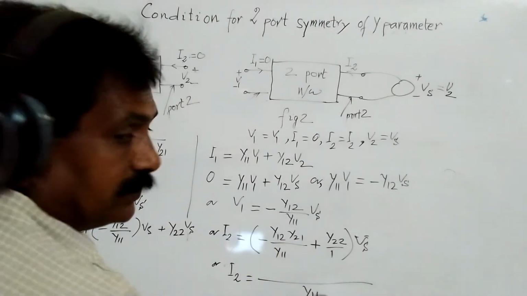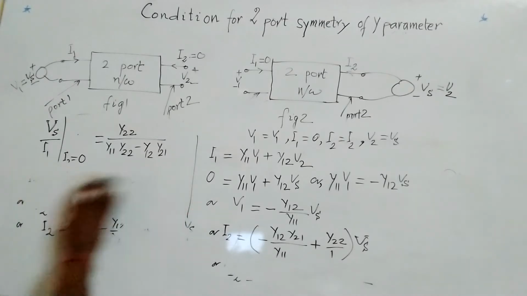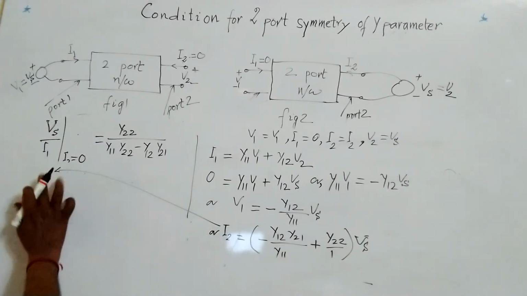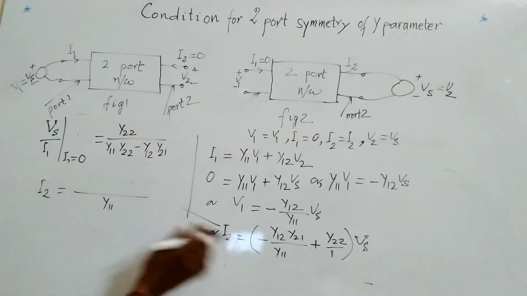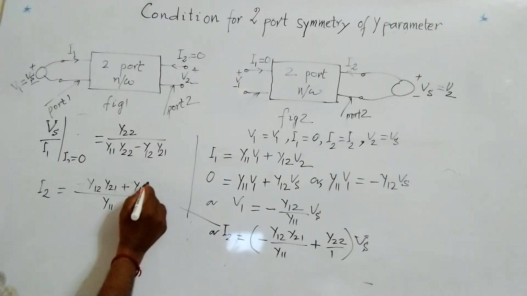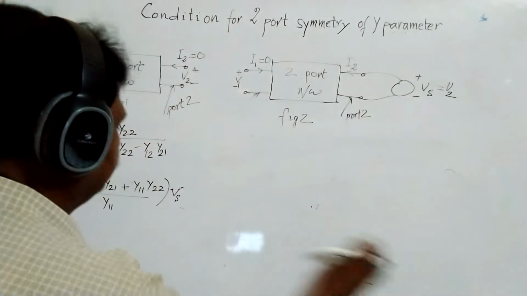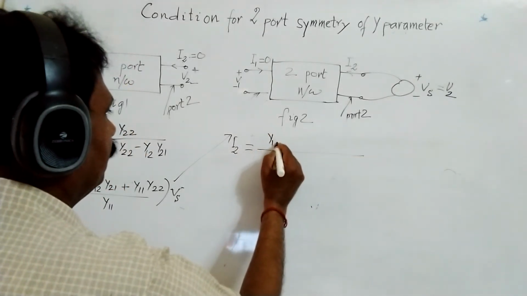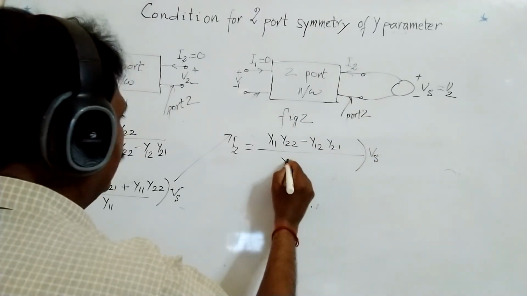Now let us write here I2 is equal to minus y12 y21 by y11 plus y22, into Vs. Now this becomes I2 equal to y11 y22 minus y12 into y21, into Vs by y11.